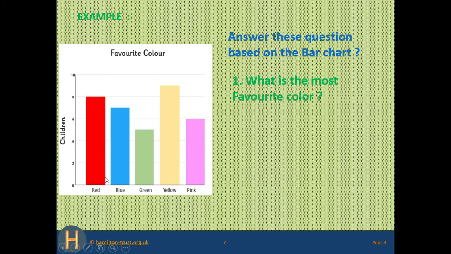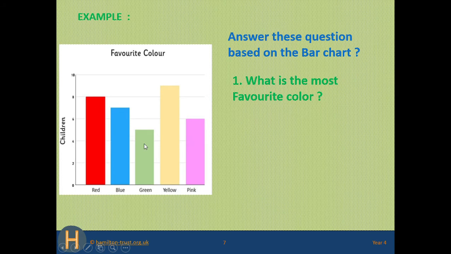Now, how many children like red color? Berapa anak yang suka warna merah? Ada berapa di sini? Yes, 8 children. And the blue color is berapa ini ya? Ini di tengah-tengah berarti 7 children.